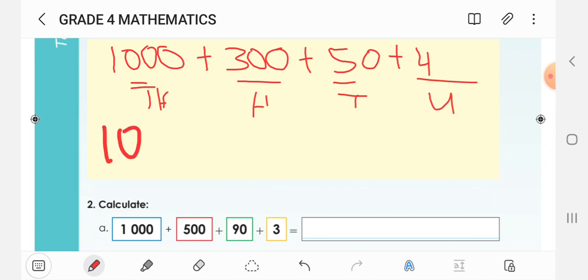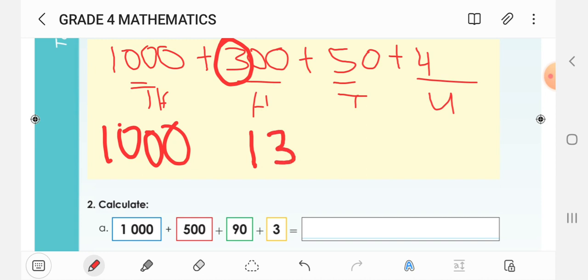We will take 1,000. What do we have in the place of 100? We have 3. So we will say 1 and then 3. We replace this 0 with 3. This 0 stands for hundreds. So we'll replace it with 3.